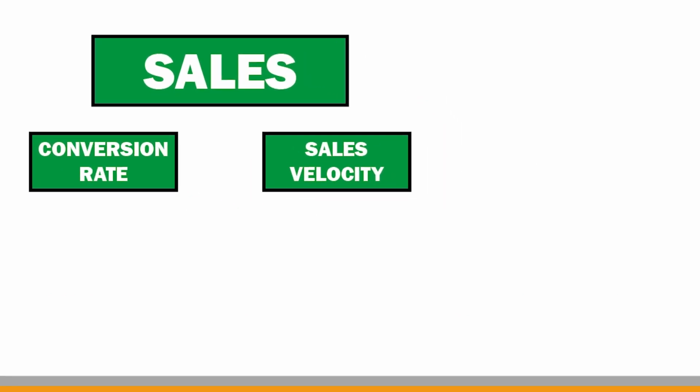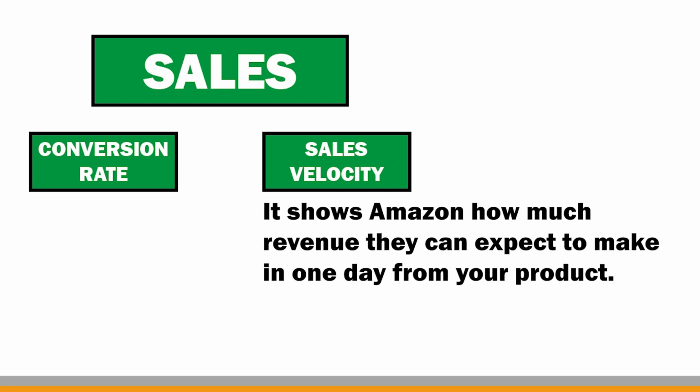Sales velocity is another important factor that determines your ranking on Amazon. It measures how quickly your business is making money. Determining sales velocity shows Amazon how much revenue they can expect to make in one day or over a certain period from your product. Amazon defines sales velocity as the number and the dollar amount of a seller's transaction during any given month.